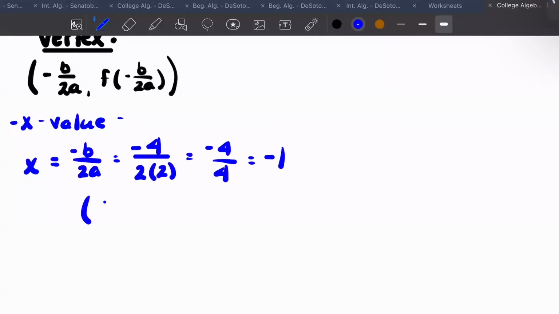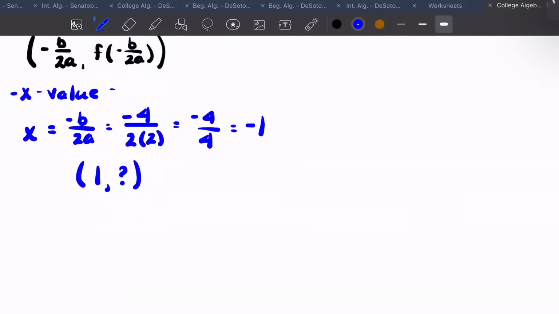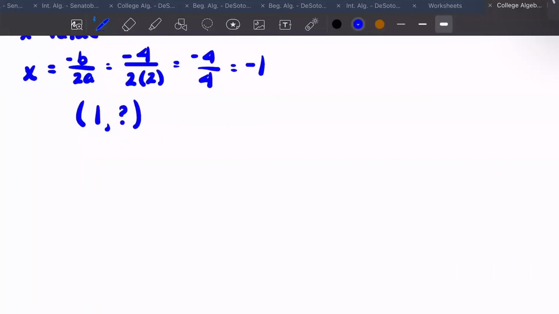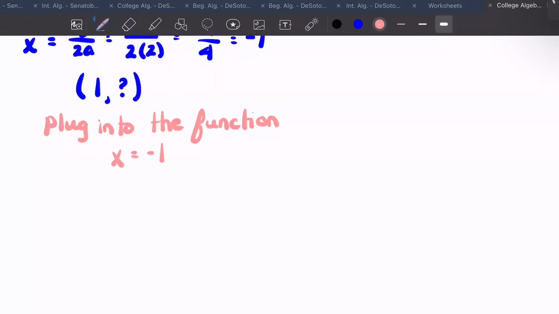So it would look like this, and we have a question mark for our y value. Now we're doing f of that number, so we'll plug x equals -1 into our function.